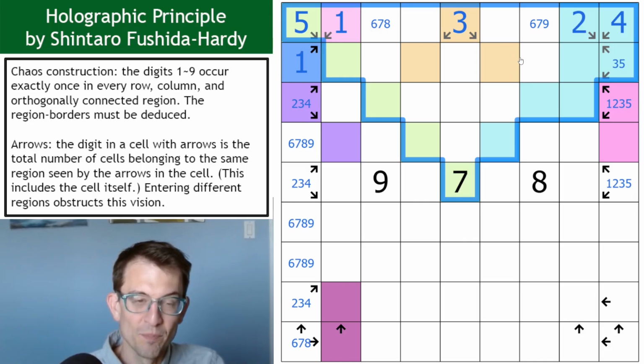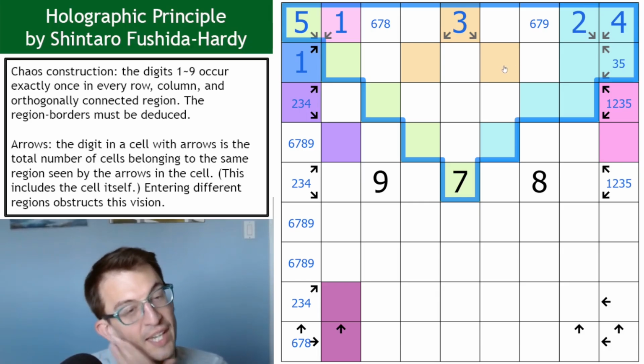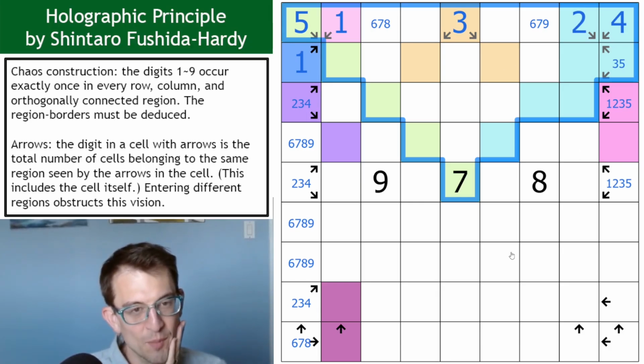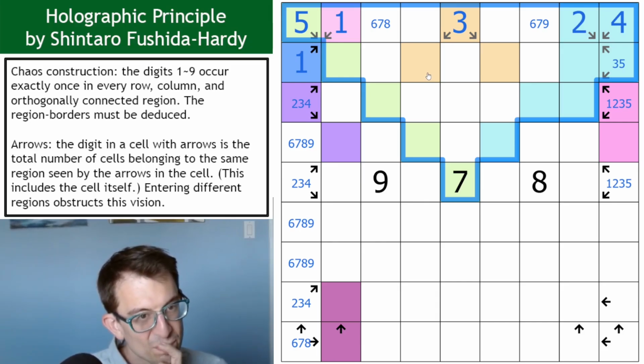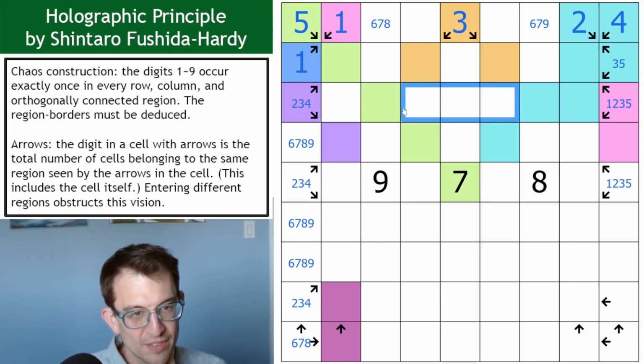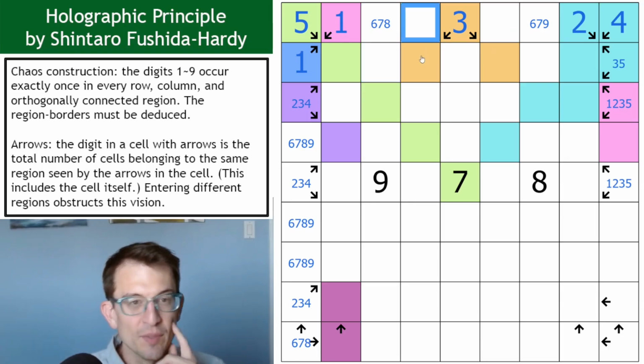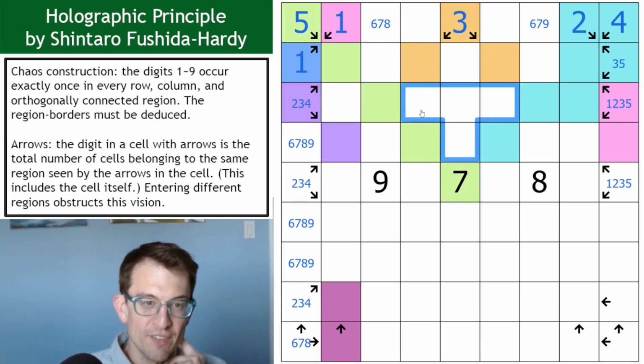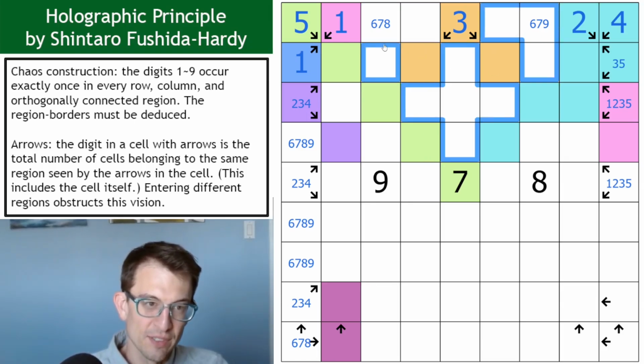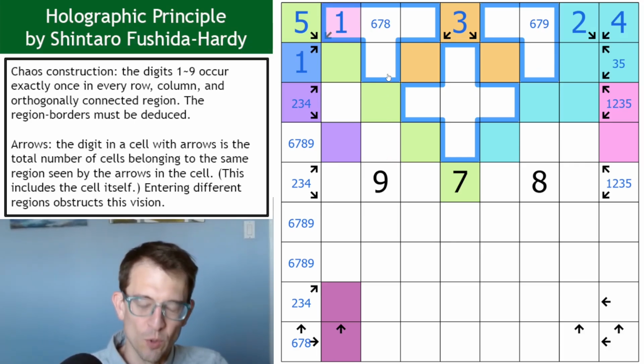Because if there were, oh no, it doesn't quite follow, because in theory I could extend more and have a fourth region in here. But I can't have a fourth region in any of the spaces here that I have in between. There's no way that any of these white cells and this pink cell can be none of green, orange, or blue.